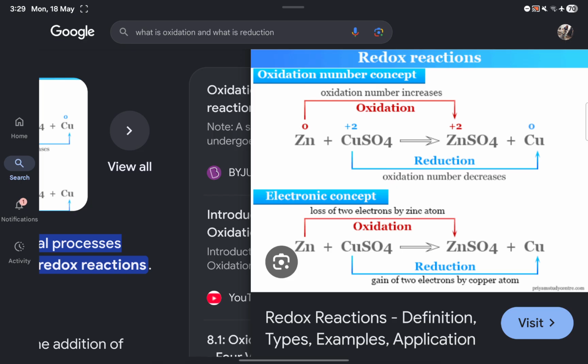ZnSO4 is losing 2 electrons, so when it is losing 2 electrons, oxidation is happening. When it is gaining 2 electrons, reduction is happening.